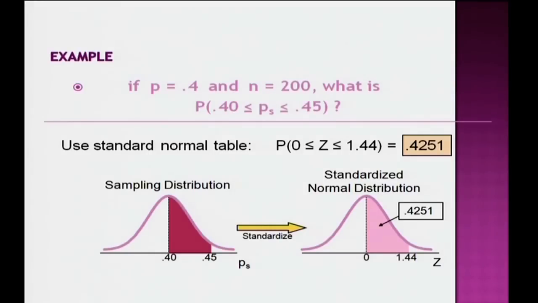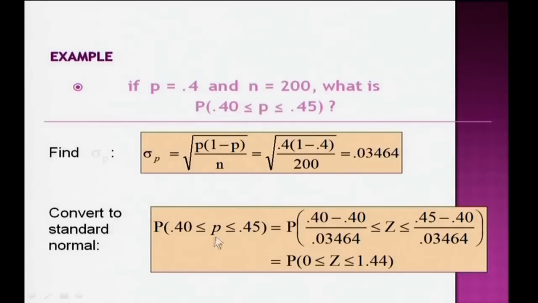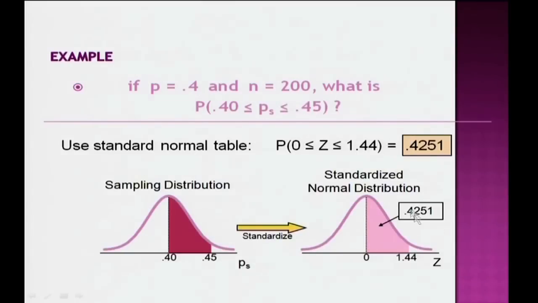Also, please sketch this curve between the original limits. Original limits were in terms of p, 0.4 and 0.45, and the standardized normal limits would be 0 and 1.44. You must sketch at least one curve.